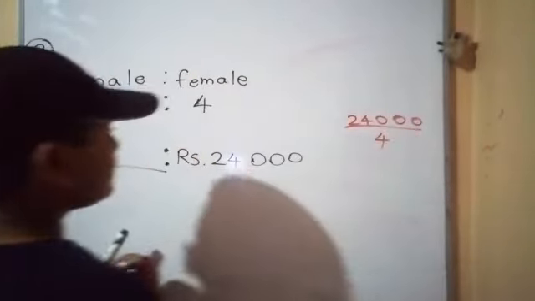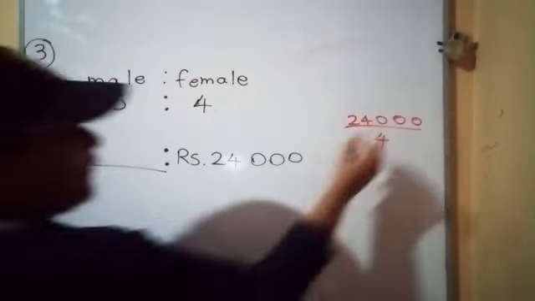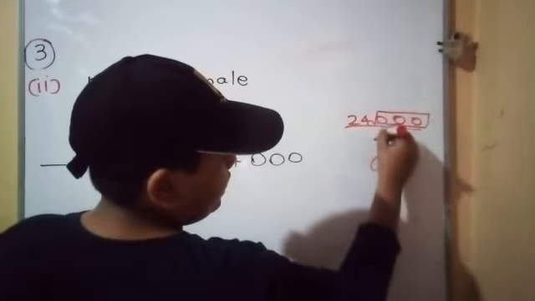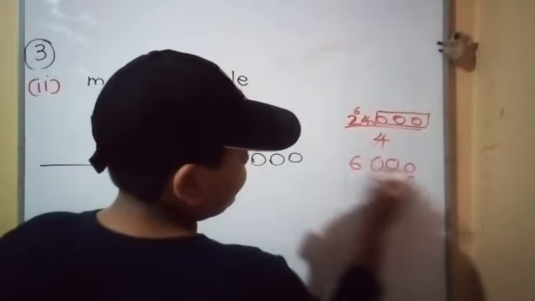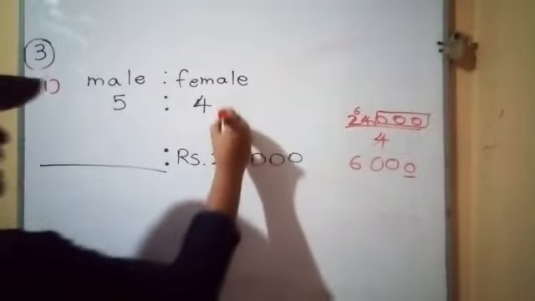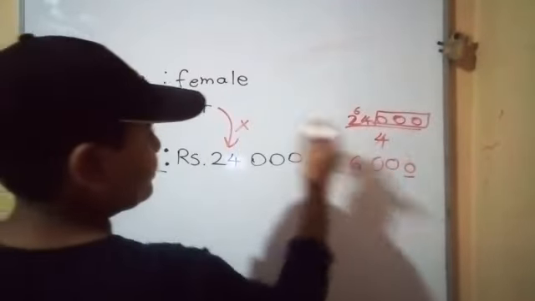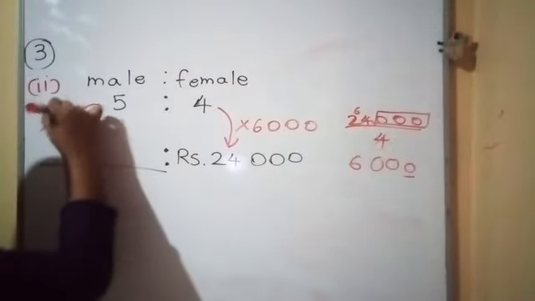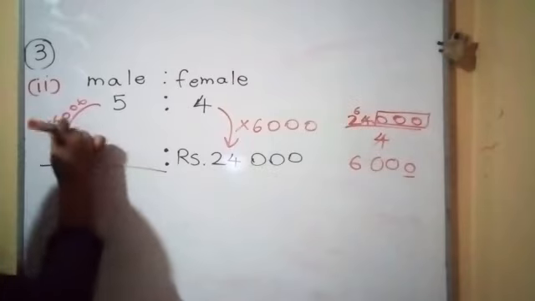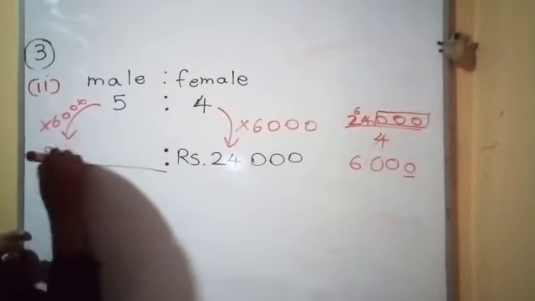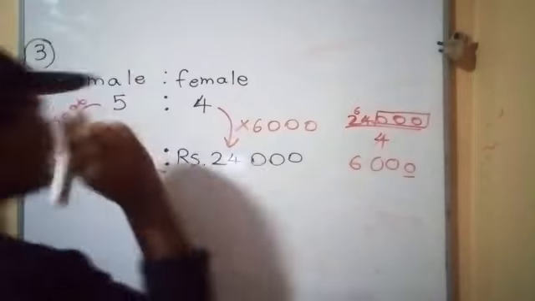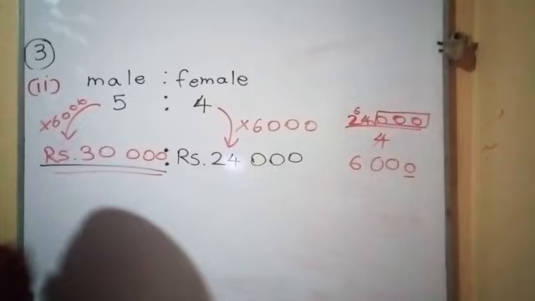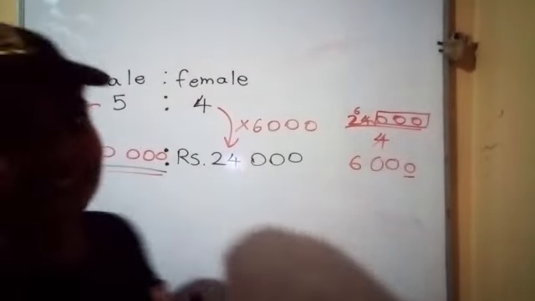Now that means these 3 zeros come to this. And now 6,000. That means they are multiplied from 6,000. That means they are also 6,000. So what is the answer? 5 multiplied by 6,000 is 30,000. Now the male worker is paid 30,000 rupees by that garment factory.